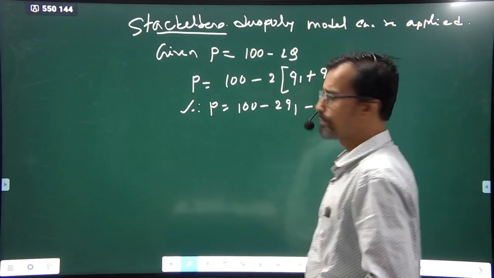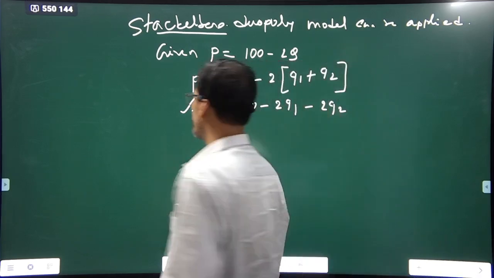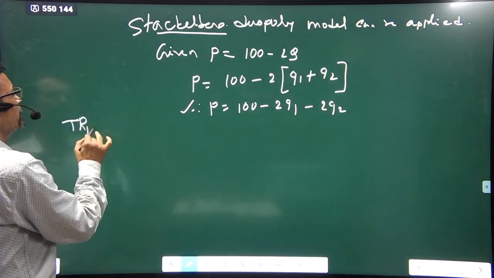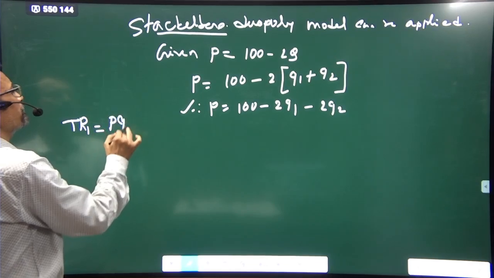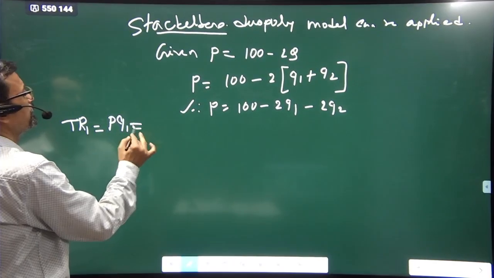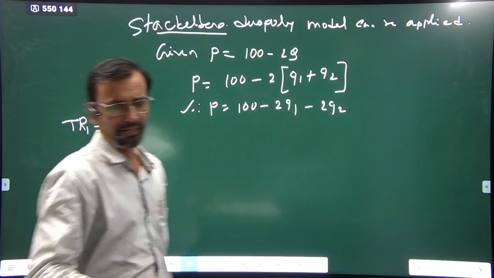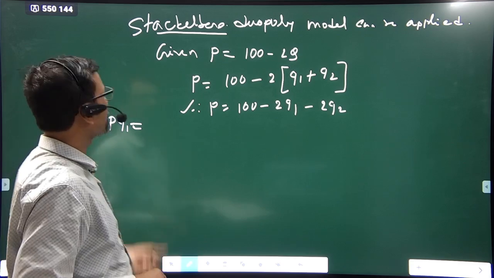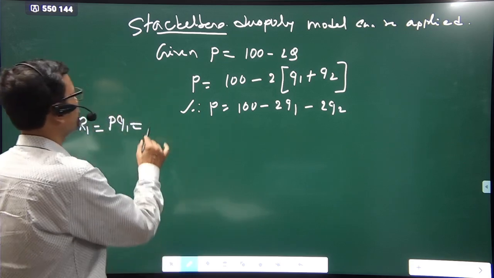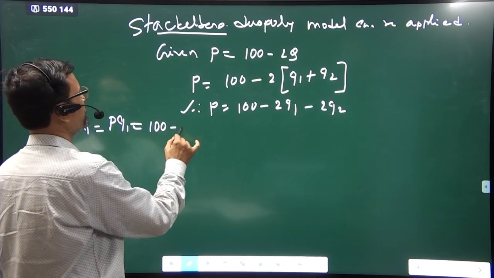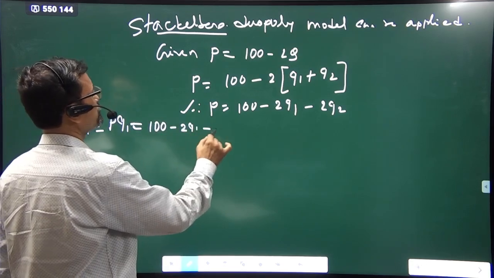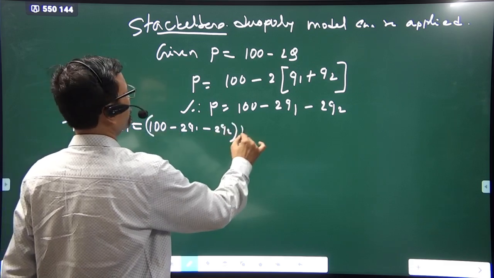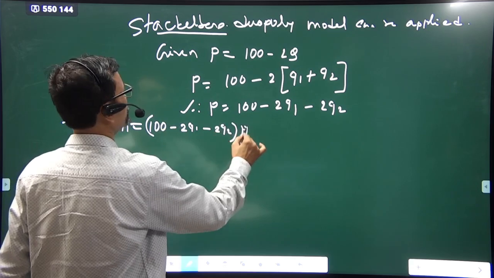Now, you can calculate the total revenue in firm 1. This is P1 Q1. When you multiply it, P1 is given, that is 100 minus 2Q1 minus 2Q2, multiplied by Q1.